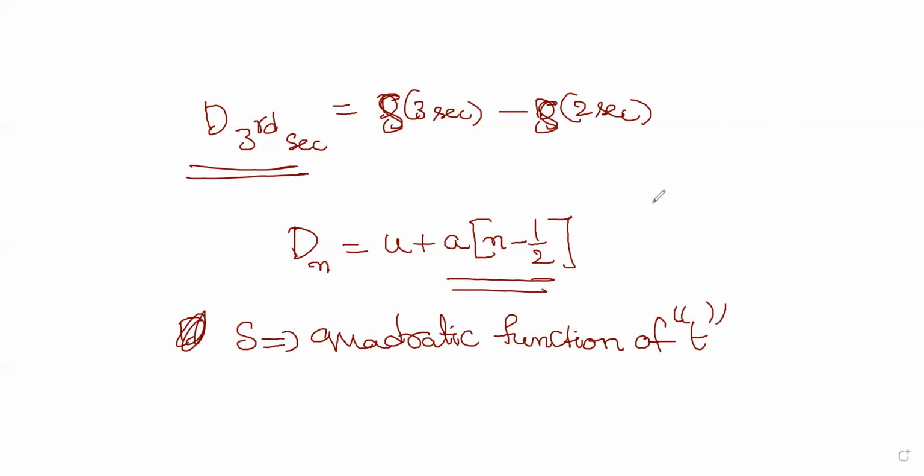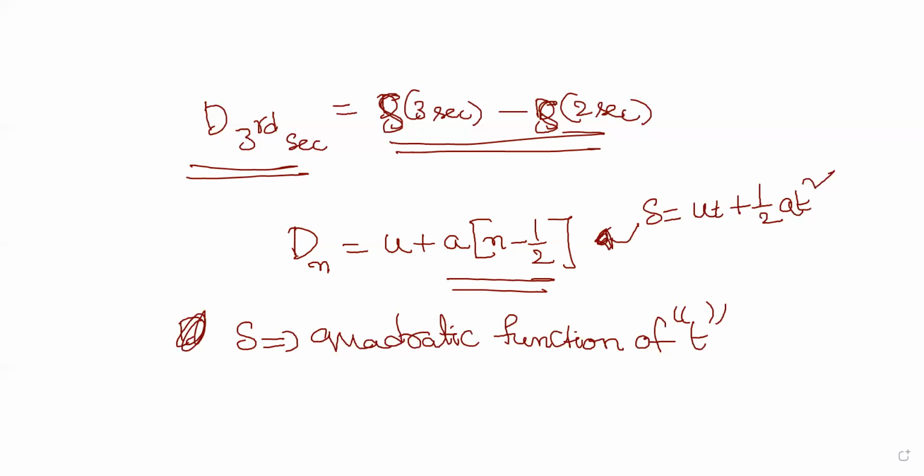So if the displacement is like s is equal to ut plus half at square, then only you can get this formula out of it. So what if they ask you, is this formula applicable everywhere? I will tell you why it is like this.